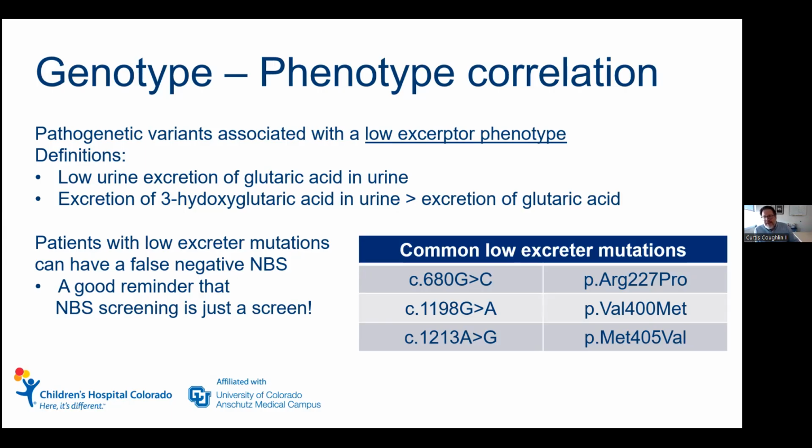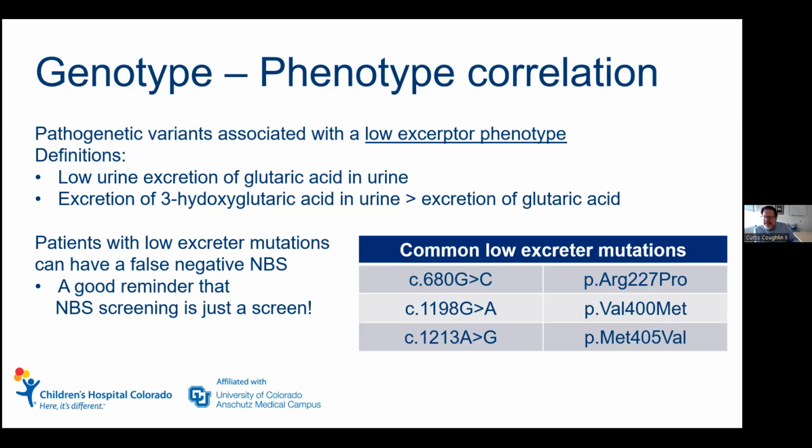Again, I have admitted that I trained in Dr. Goodman's lab, and he didn't use that definition because he felt like it didn't control for how much lysine intake a patient had and whether they were catabolic or not. So what he used was that low excretors usually have more 3-hydroxyglutaric acid in their urine than glutaric acid. And this is pretty true of all of the low excretors, by either of these definitions. A couple of things that are really interesting about this phenotype: it is dominant.